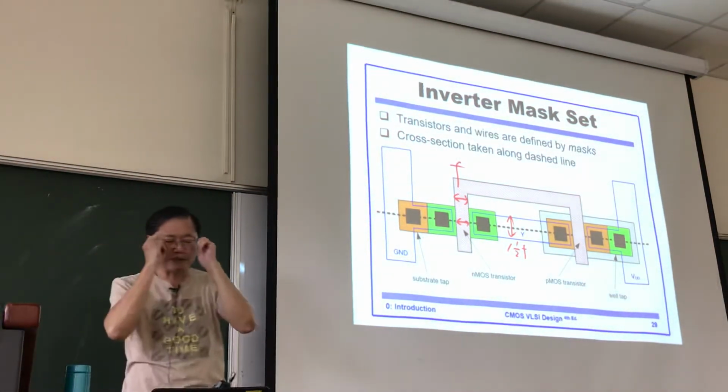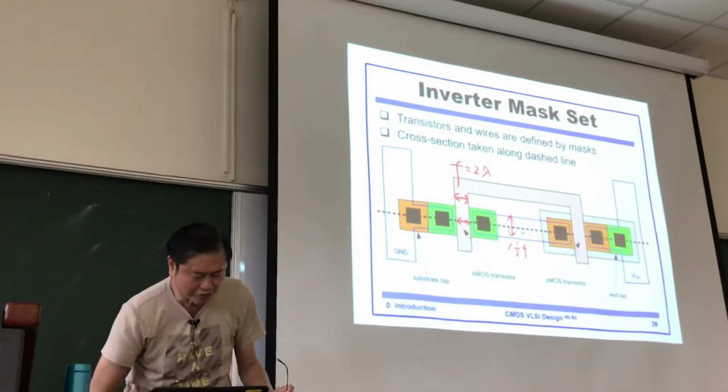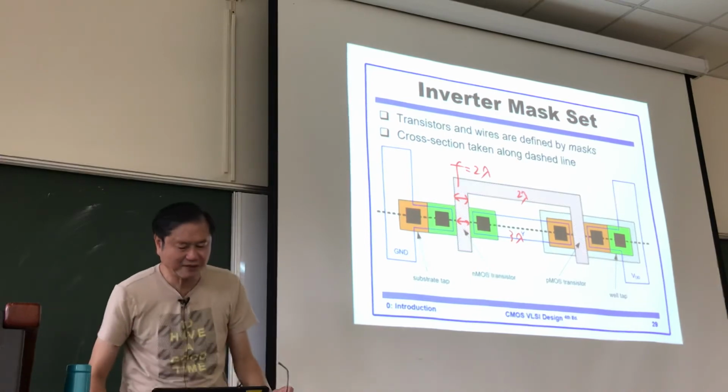So that's why we come up with 2 lambda. Feature size F equals 2 lambda. And the minimum polysilicon is 2 lambda, the metal equals 3 lambda. The integer unit is 3 lambda.